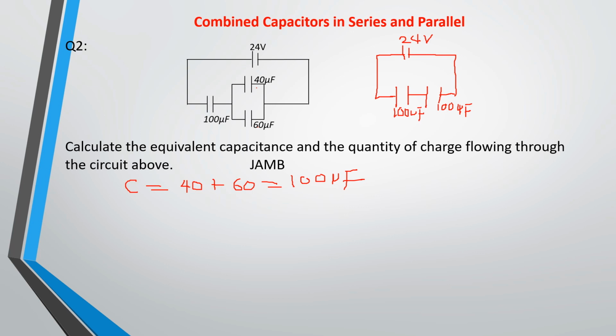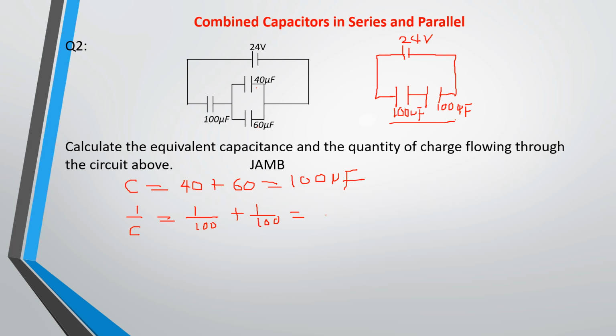Now you are going to find the combined capacitance. For this 100 microfarad and this one, since they are in series, the combined capacitance will be equal to 1 over 100 plus 1 over 100.